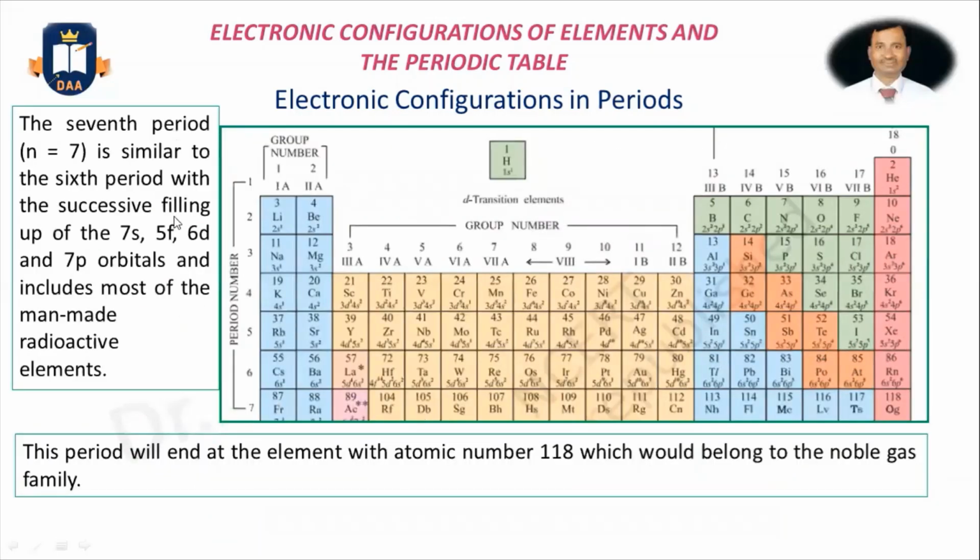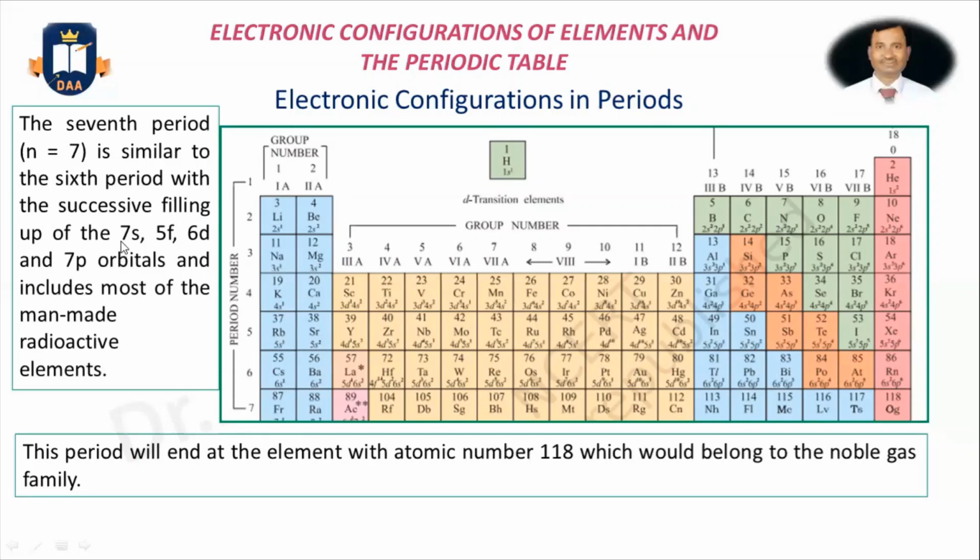Now I'll go to the seventh period. This is the seventh period. It starts with atomic number 87 and it ends with the element having atomic number 118. And this seventh period is similar to the sixth period, with successive filling of up to the 7s, 5f, 6d, and 7p orbitals, and includes most of the man-made radioactive elements.